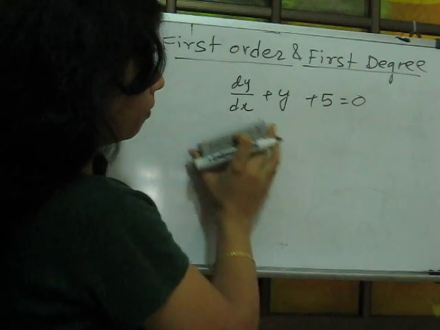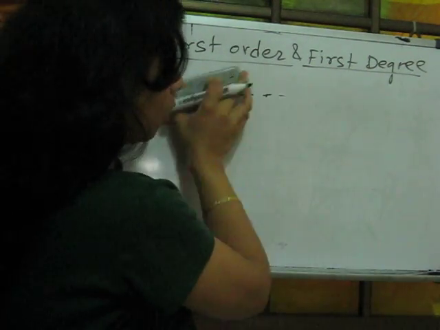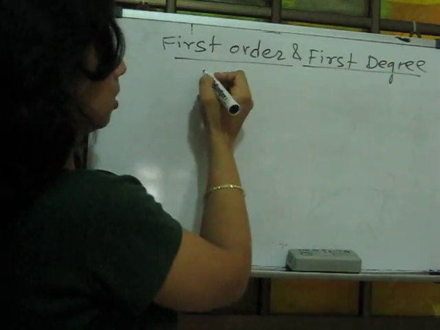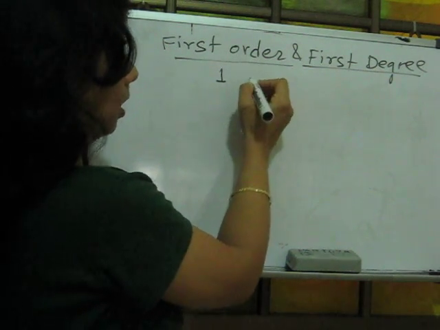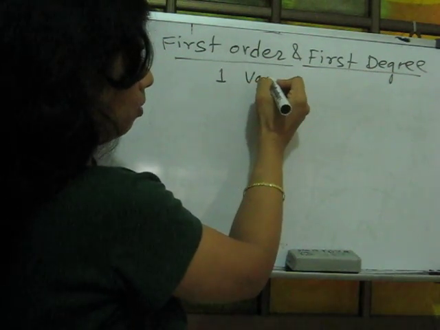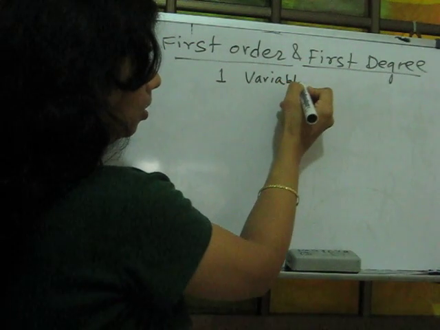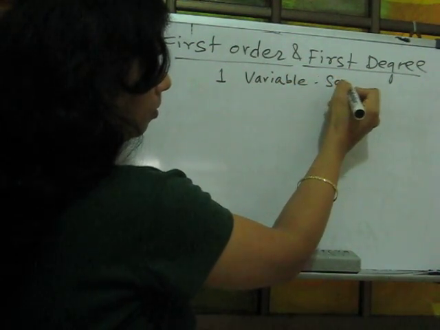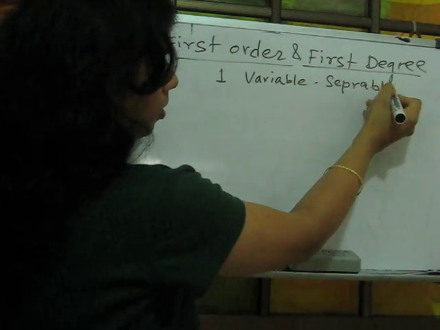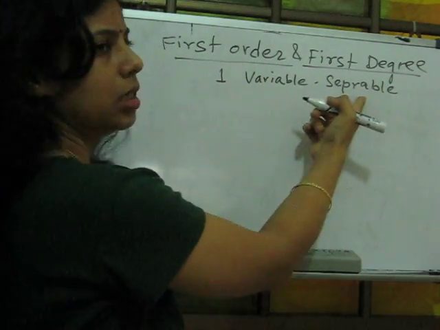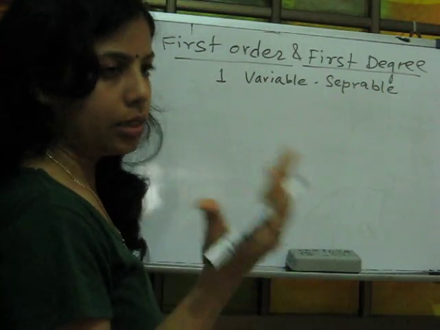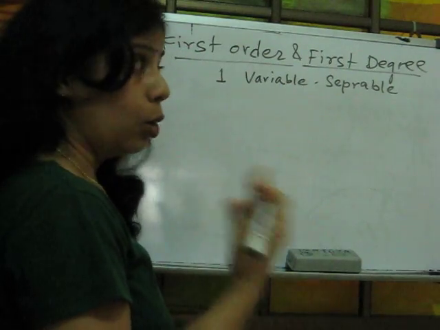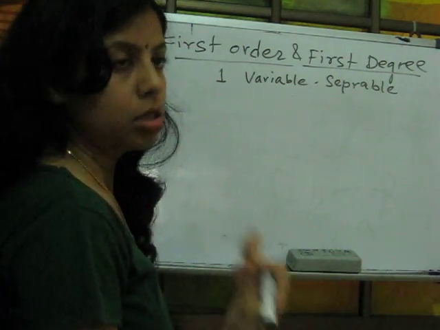So if we are talking about the methods to solve first order, first degree differential equations, there are mainly 6 methods. First one is variable separable. As its name says, we can separate its variables.